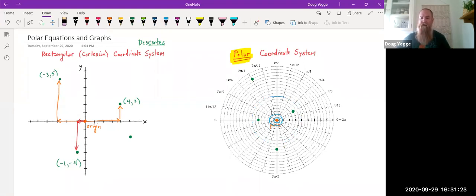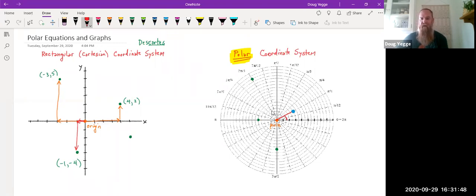So if I wanted to find a point or draw a point like this one right up here, where it used to be the first quadrant, the way that I would look at this now is in terms of how far away it is from the pole, the directed distance, as well as the angle that I had to turn through in order to get there.